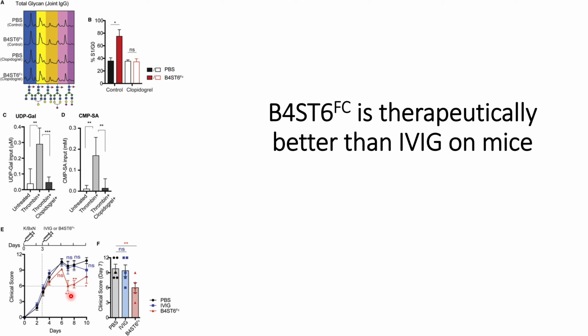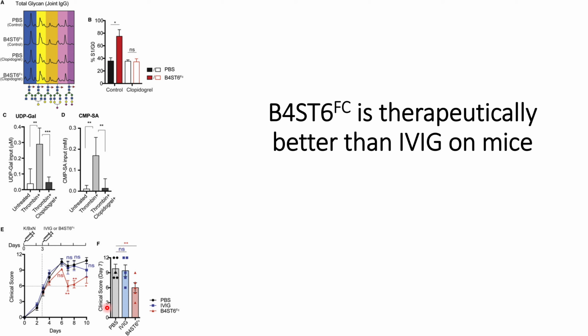And these day 7 results are also quantified in the panel, where we can see that the clinical scores for the conditions where B4ST6FC is used are lower and statistically significant compared to the control and the IVIG case.